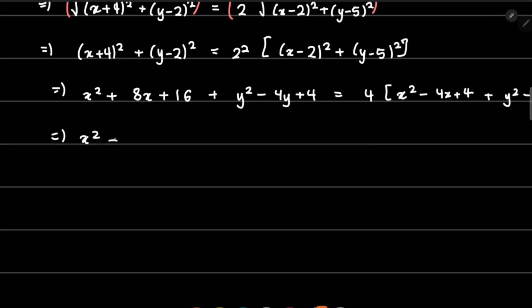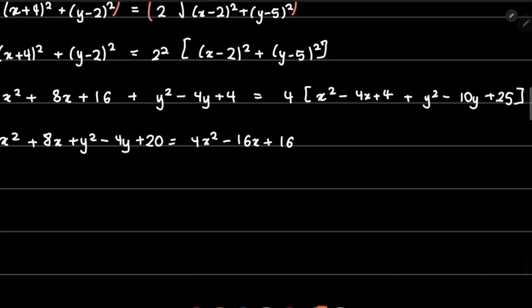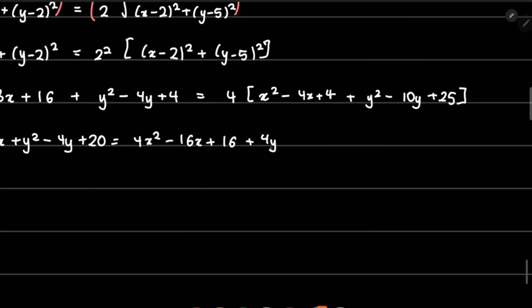So on the left I have x squared plus 8x plus y squared minus 4y. I'll add the constants together. I get plus 20. On the right I get 4x squared minus 16x plus 16 plus 4y squared minus 40y plus 100.